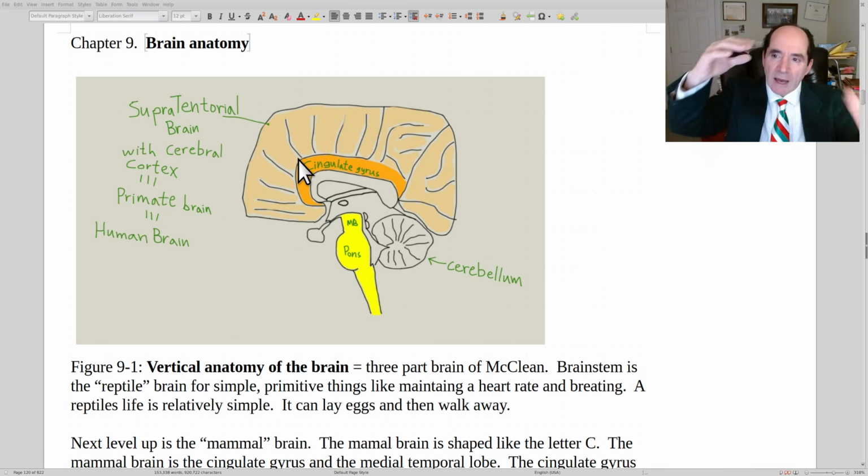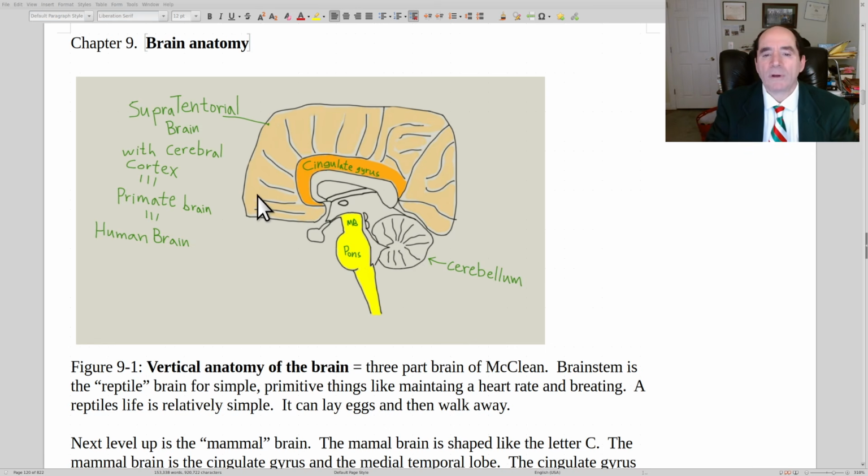So basically, the outer brain is the cerebral cortex, and that's your thinking brain. Especially the anterior: the more anterior you go in the brain, the more you have sophisticated thinking, abstract thinking, delayed gratification, the unique personality of the individual. Okay, but the whole point of this was the vertical construction of the brain.